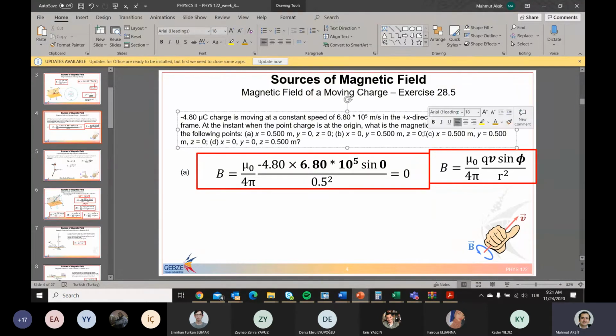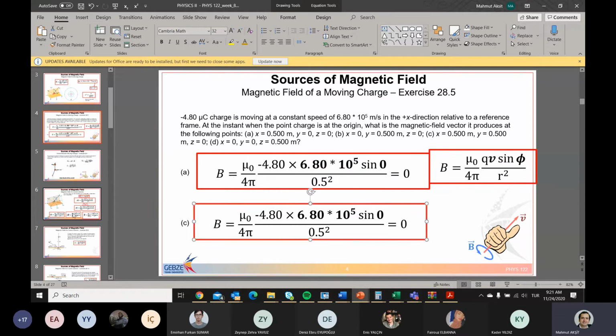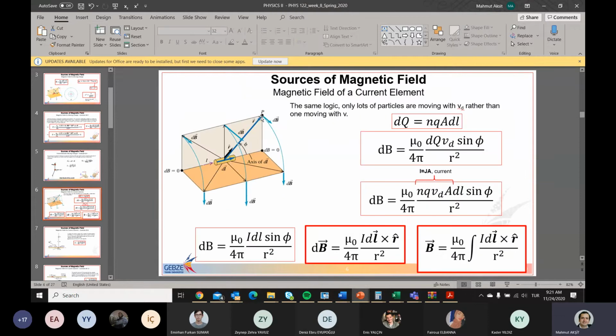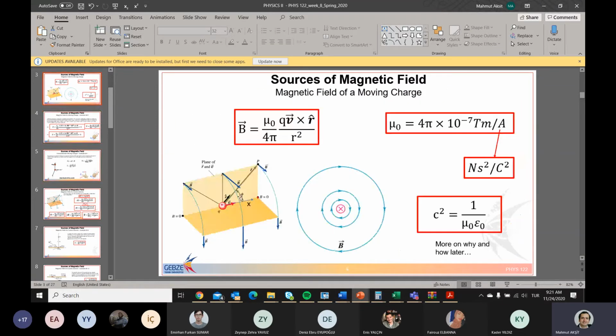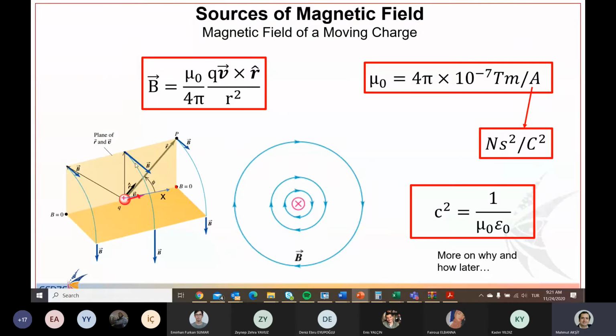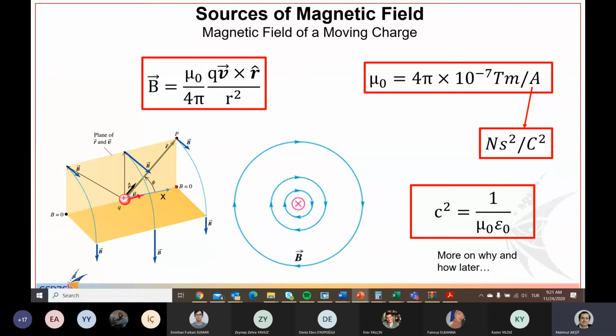So let's do something else. Let's do C, for example. Here, r is not 0.5 because now we are talking about this kind of point. So we have x there, and if this is the axis, we are talking about here.